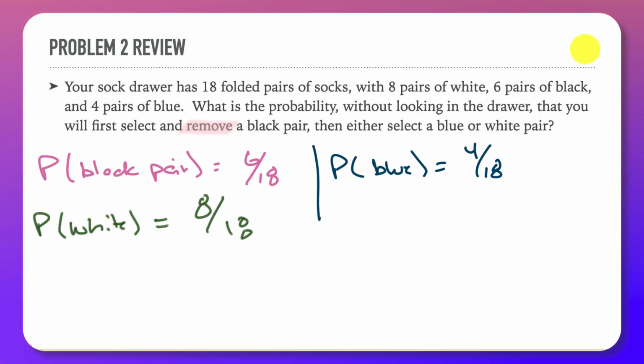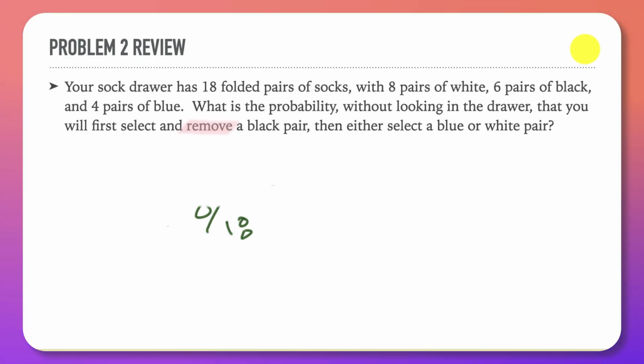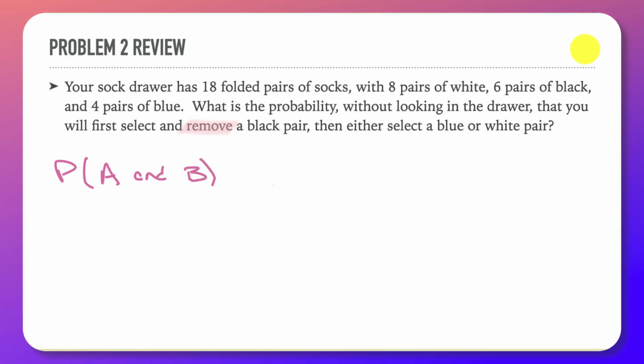Let me erase this off, and I will finish it off. Just by straight numbers, no, I'm not going to do that. Let's go back to the form. What's the probability that A and B, where A is selecting a black pair and B is selecting a blue or a white pair?